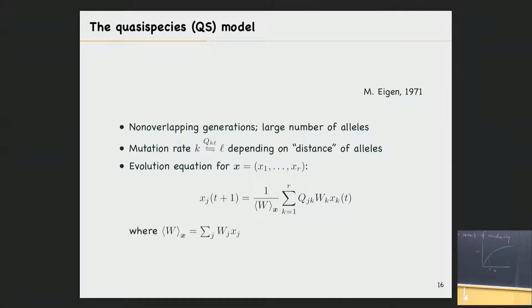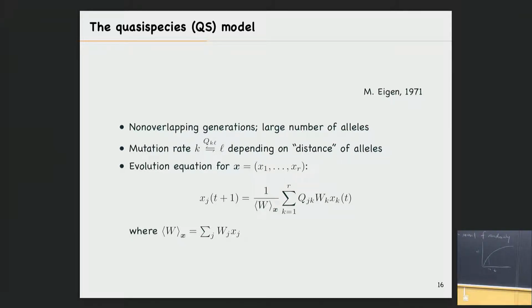Let's assume for simplicity there is a mutation rate of a sequence into a different sequence, which depends on some notion of distance between the alleles. It can be simply 1 mutation, 2 mutations, 3 mutations. So K and L are sequences, and there is some mutation rate, Q_KL, that depends on some structure of these sequences. And then you ask, what is the evolution equation for the composition of the population, in which 1 to R labels the sequences?